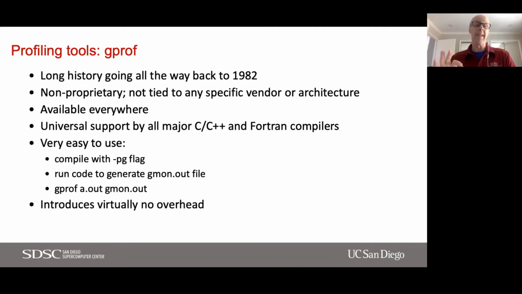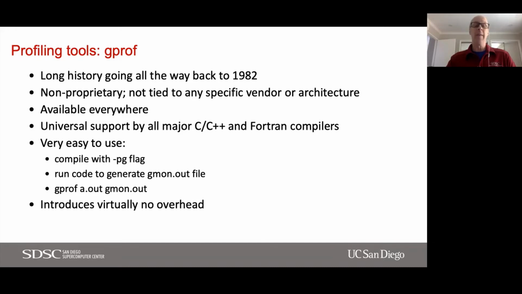Every compiler I've seen uses -pg. What that does is add some instrumentation when you execute your code to collect the statistics that gprof uses to generate the profile. Then you simply run your code just like you would normally run it. This generates a gmon.out file. Then you run gprof with the name of the executable, here I'm just calling it a.out, and gmon.out, and you'll get your profile.